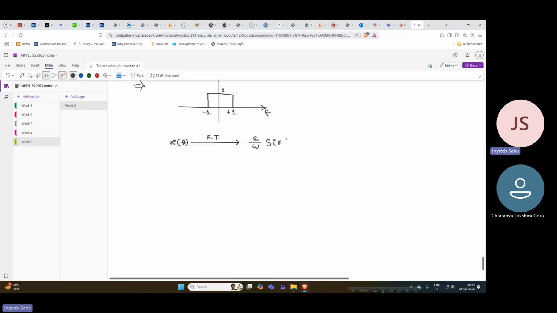A is 1, so sine omega. Fine. So x of 2t. What will be the Fourier transform of x of 2t? Scaling property, please try to remember.